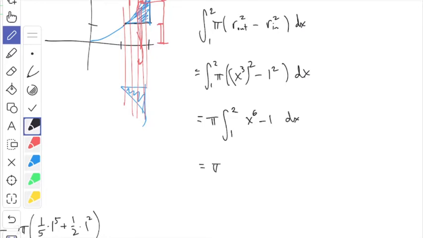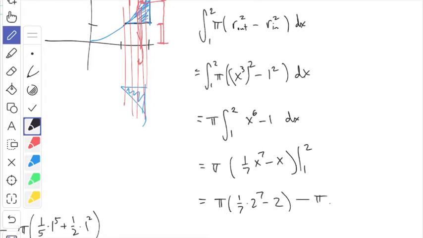So pi times 1/7 x to the 7 minus x, plugging in 1 and 2. So it's pi times 1/7 times 2 to the 7 minus 2, minus pi times 1/7 times 1 to the 7 minus 1. And that'll do it.